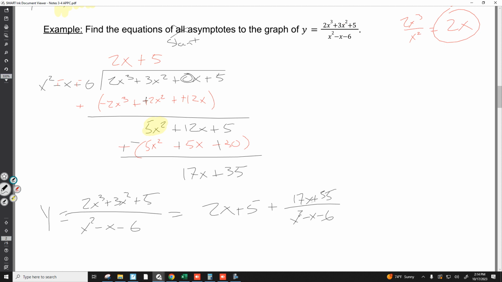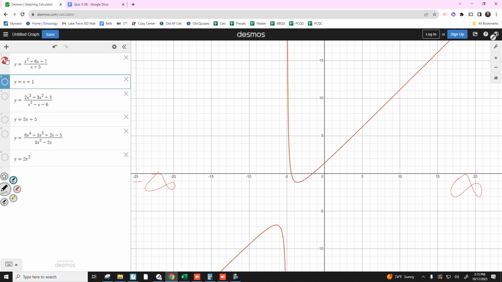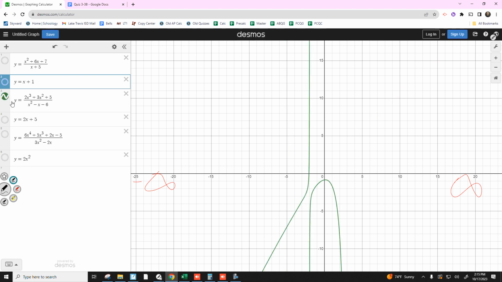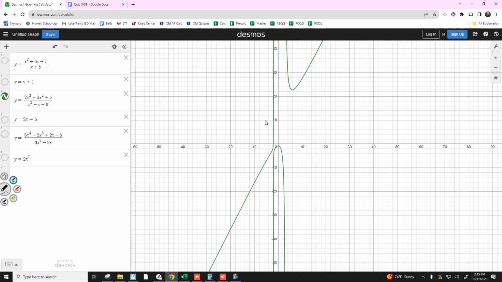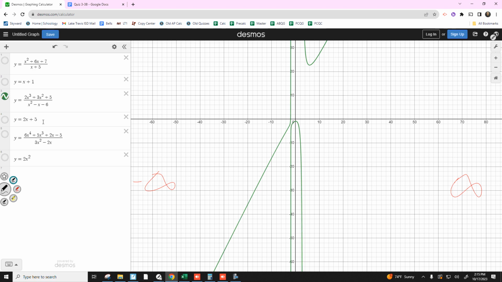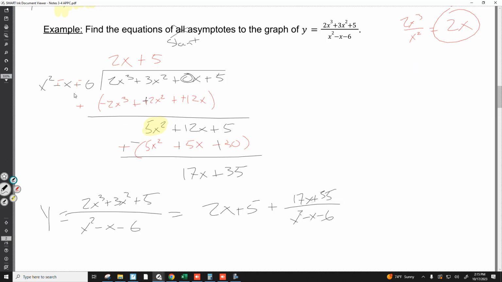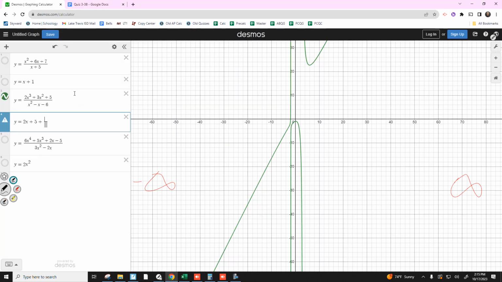I can check by graphing. All right, here's what the original graph looks like. I think if I add 17x plus 35 over x squared minus x minus 6, this graph will be smack dab on top of my green graph.